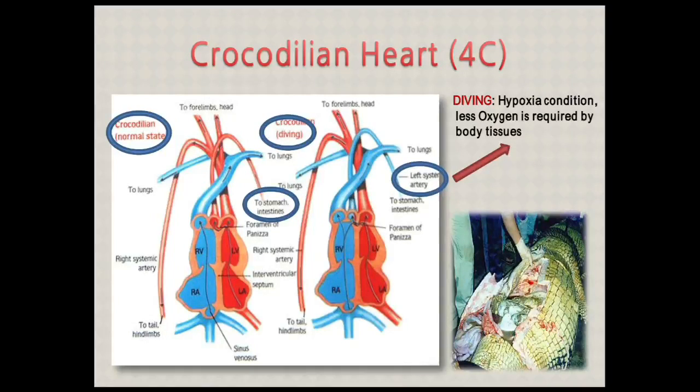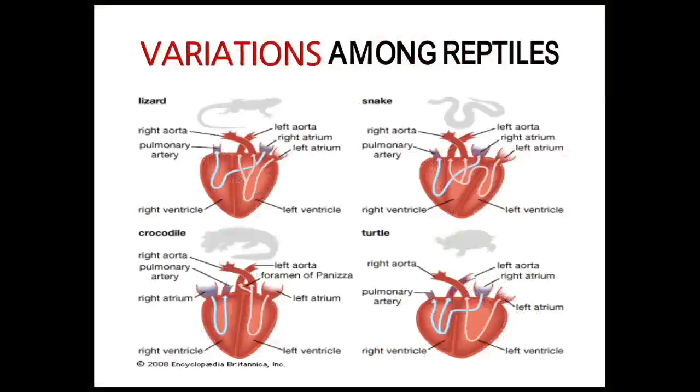Now, why is it not getting that? In diving condition, hypoxia condition, it stays in the water and less oxygen is required by the body tissues. But here we need more oxygen for the brain. So this is the function of the foramen of Panizza.